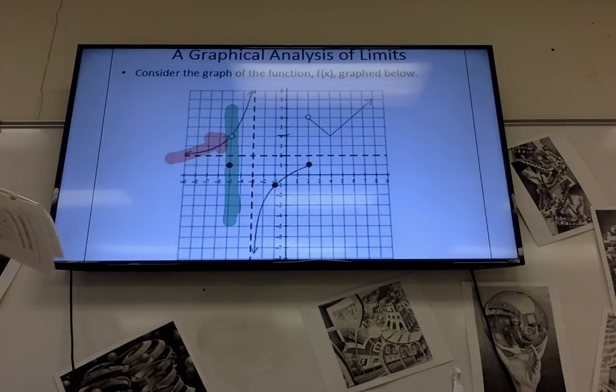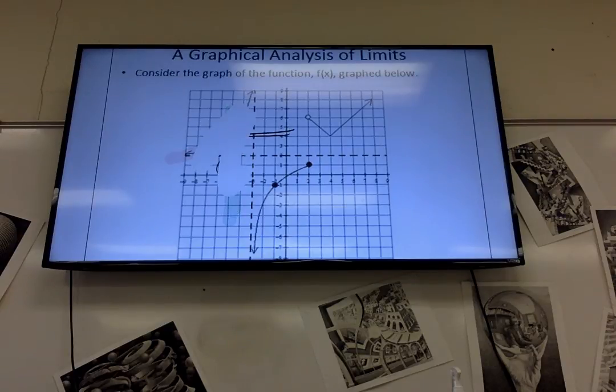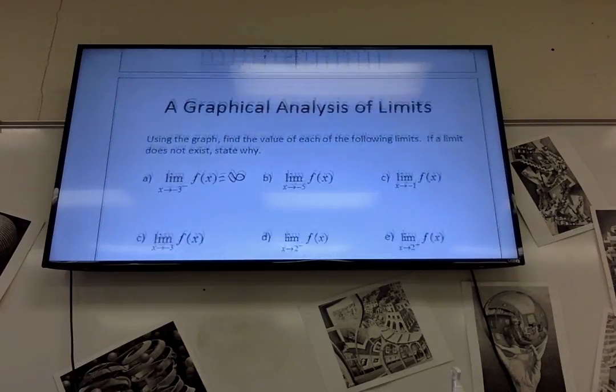Yeah, I'm getting close to 4. So even though the actual value is 1, the answer for the limit is 4. Even though that's not a point, we said it doesn't matter if it's actually a point there or not. It's what it is approaching. It can actually touch it or not. It doesn't matter. Good questions. Excellent. I'm glad that came up. Okay, so that was 4.